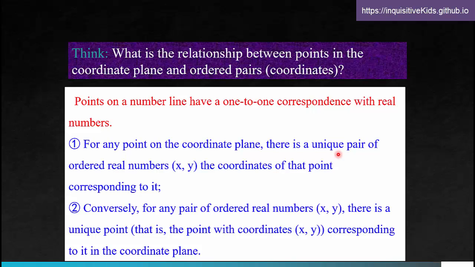But on a coordinate plane, since now we're looking at a 2D surface, working with a 2D surface is different because you have another dimension to think about. That's why you have a pair of numbers. And that pair of numbers always has a point on the coordinate plane that matches it. So it could be any real numbers.